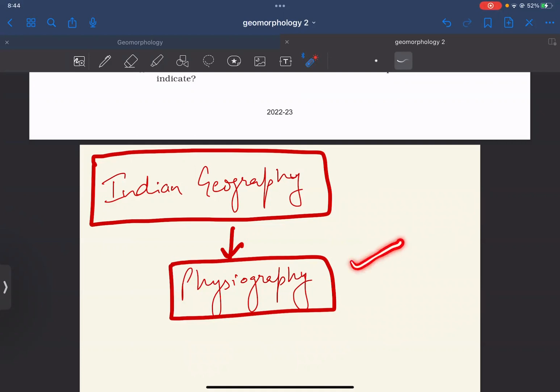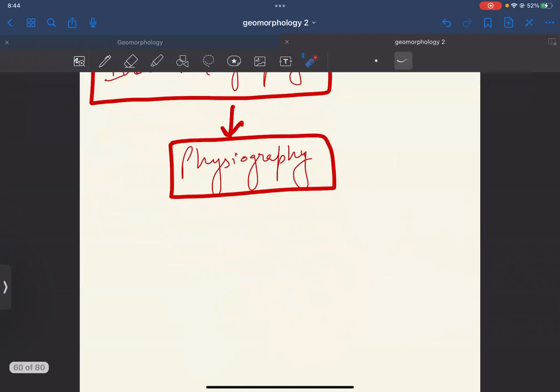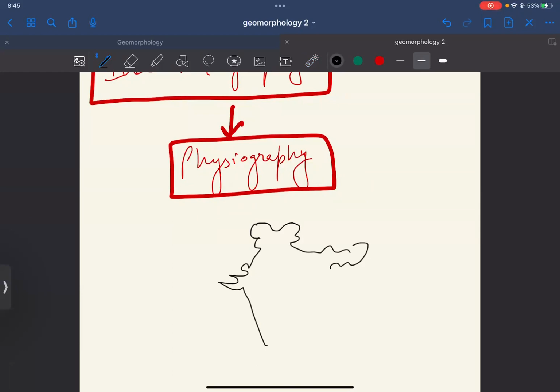All right. Now Indian geography, physiography. Basically, we know different physiography of India. So what we have: Himalayas, northern plains, which consist of Indus, Ganga, and Brahmaputra plains.